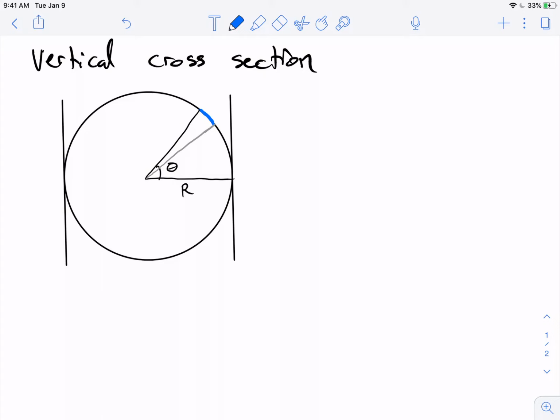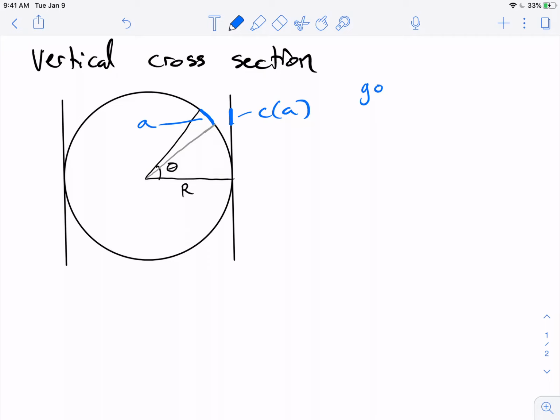And so this blue curve is going to get projected to this little bit right here. You can see that the length of this blue line shrinks under this projection. Let's say that this has length A, and the new length, the projection of A, we'll call that C of A for cylindrical projection.